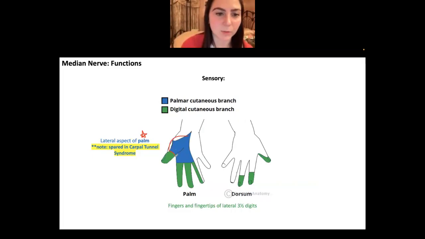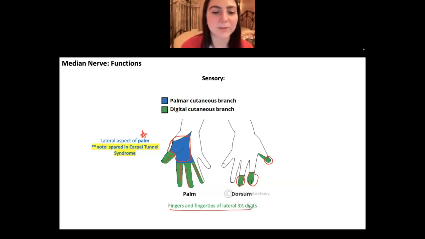So that's what this blue one is, this palmar cutaneous branch here. And then you're going to get also these digits. So the lateral digits on the front. Okay, so notice, again, the radial nerve did the back of these digits. The median nerve is doing the front of these digits. So 1, 2, 3, 3.5. So it's exactly the same as the radial nerve, just now we're on the front. And it also does the tips of the fingers on both sides.